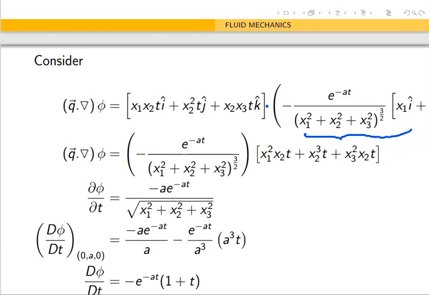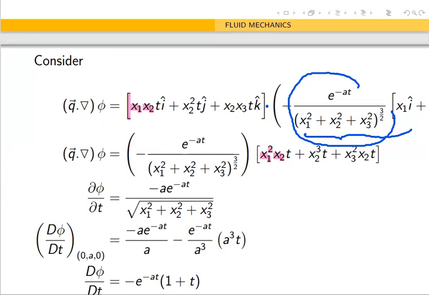Now take the dot product. Now this whole thing is common, we can write it outside here, right? So minus e power minus at by (x1 square plus x2 square plus x3 square) to the power 3 by 2 outside. Okay, and then the remaining, the dot product we are taking. For the first vector, x1 square x2 t, and I dot i is 1 there.